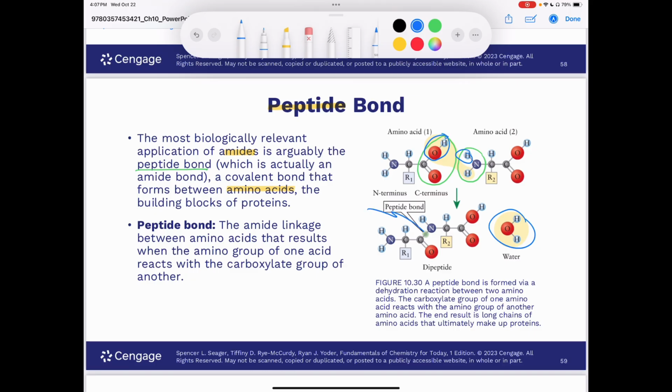So this bond here is nothing more than an amide bond, but when it's between two amino acids, we call it a peptide bond. If you look at the primary, secondary, tertiary, or quaternary structures of proteins, the primary structure is actually the peptide bonds between individual amino acids.